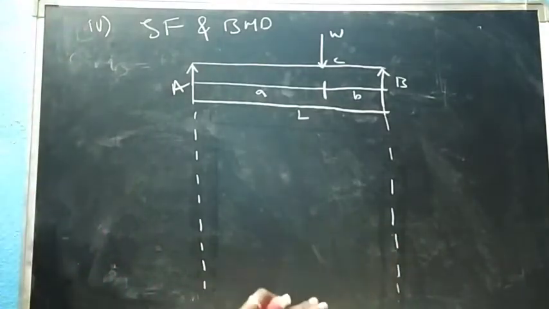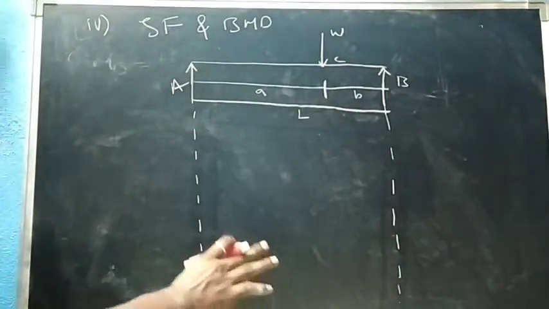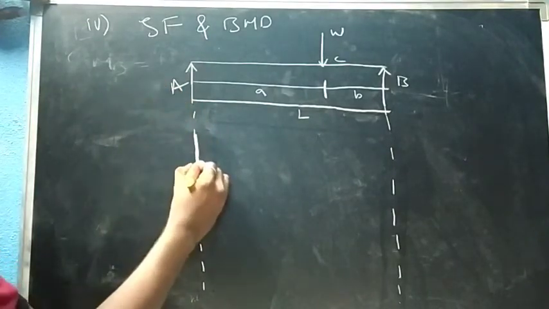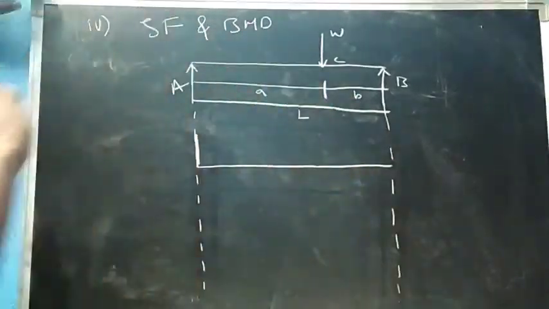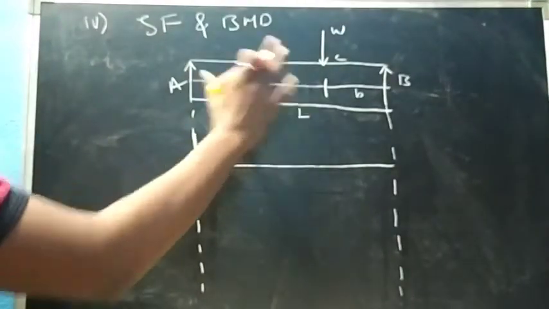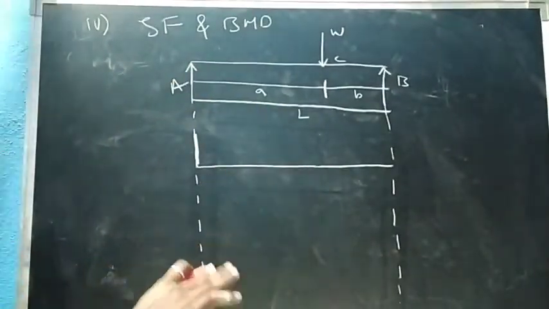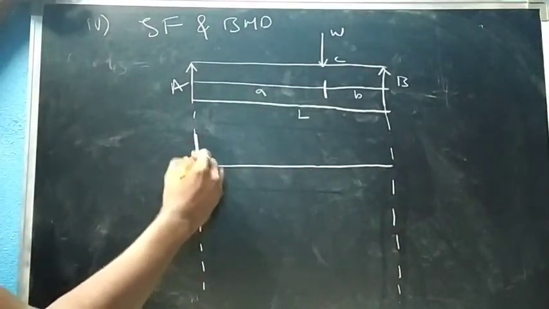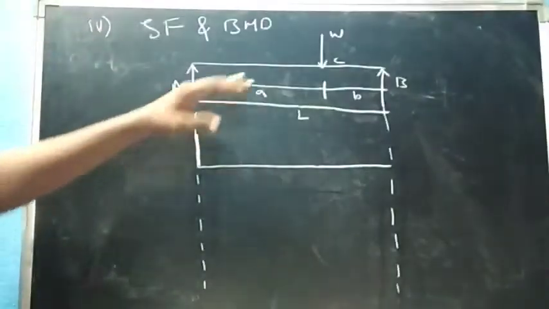Please ignore if the lines are not straight. First we'll draw shear force. So this is a baseline. Just manage the distance between the free body diagram and baseline, because we need to draw shear force above the baseline and below the baseline. According to that, maintain the distance.